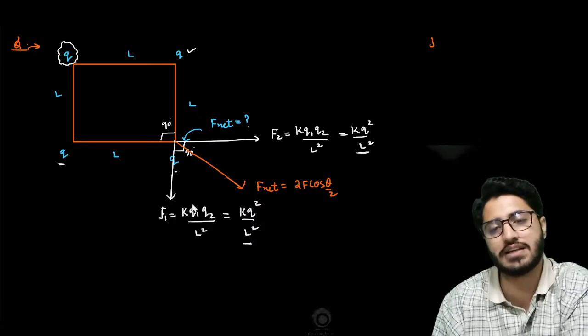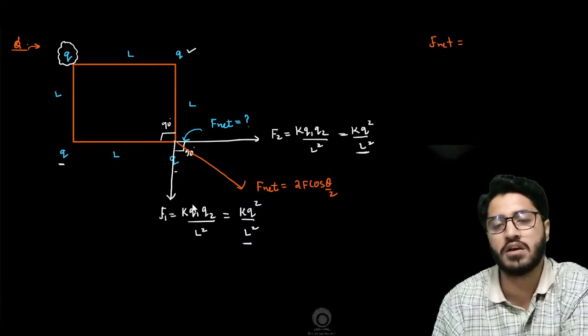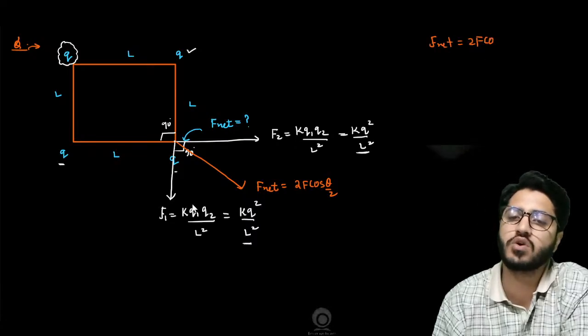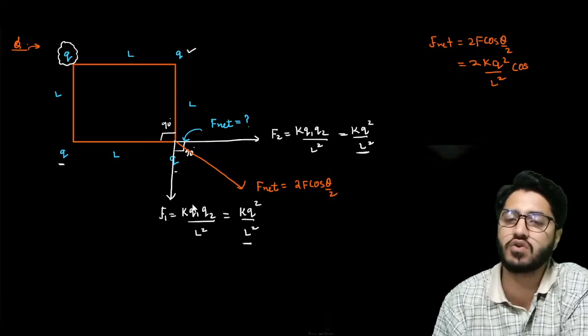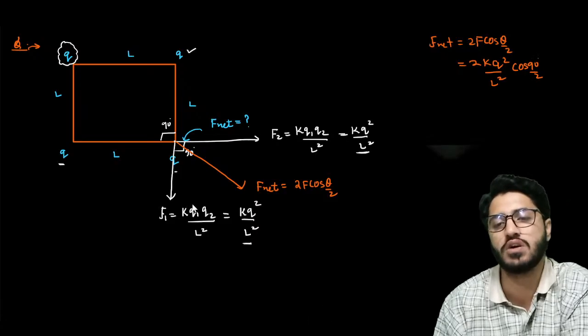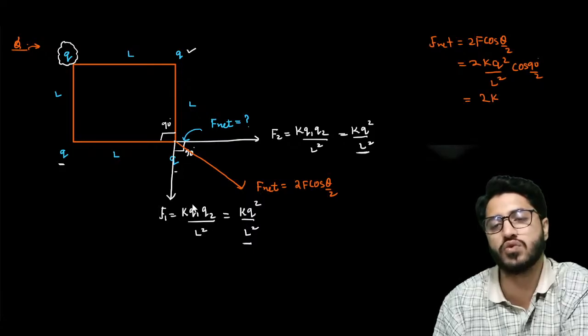So what is the answer here? F net is 2F cos theta by 2. What is F? F is equal to K Q square by L square. Then we have cos 90 by 2, so it is 2 K Q square by L square.